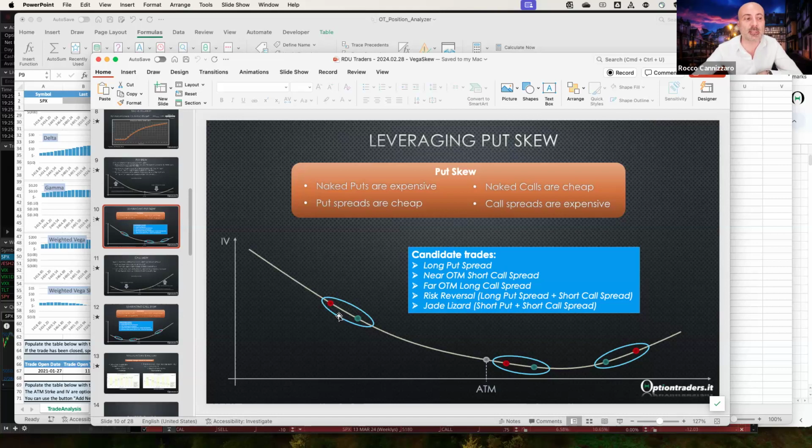So it reduces the cost of buying this entire spread. It also means that if I were to sell the spread, I would not get paid that much, because these put spreads are cheap. I would not collect a lot of premium, because I would be selling the lower volatility and buying the higher volatility. So obviously I'm not going to get a lot of money for this.